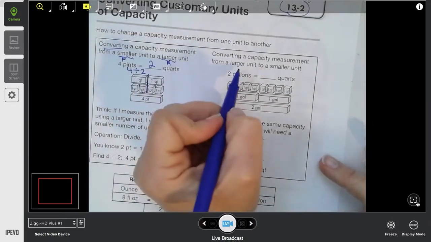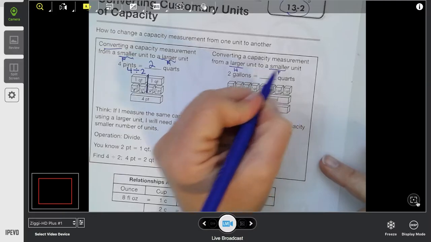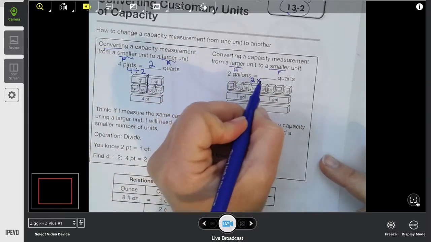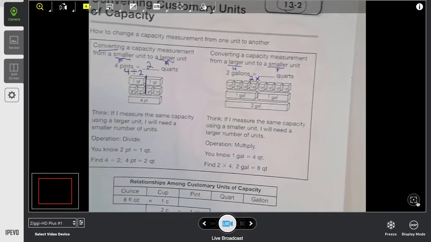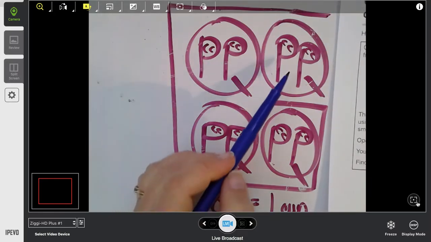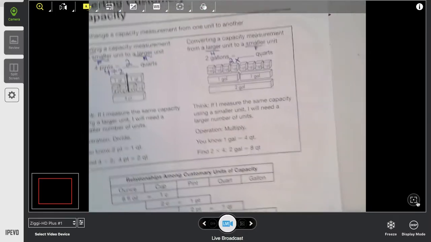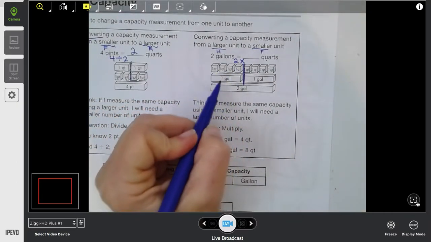This one, if I'm going the opposite, large to small, I'm going from horse to fly, multiply. So we're going to take these 2 gallons and multiply it by how many quarts are inside each one of those gallons. Well, in my drawing, I see 1, 2, 3, 4 quarts inside that gallon.